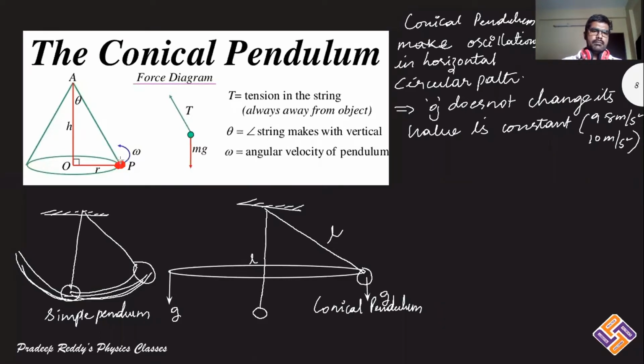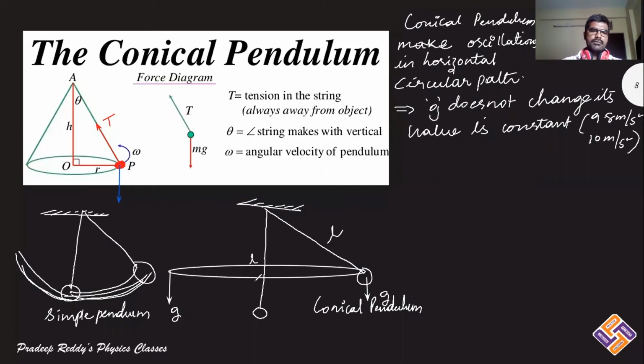This pendulum has forces. One is tension T, which is along the string, and the other force is the gravitational force, which acts in the downward direction. There are two forces acting upon this pendulum bob: tension in the string and gravitational force.